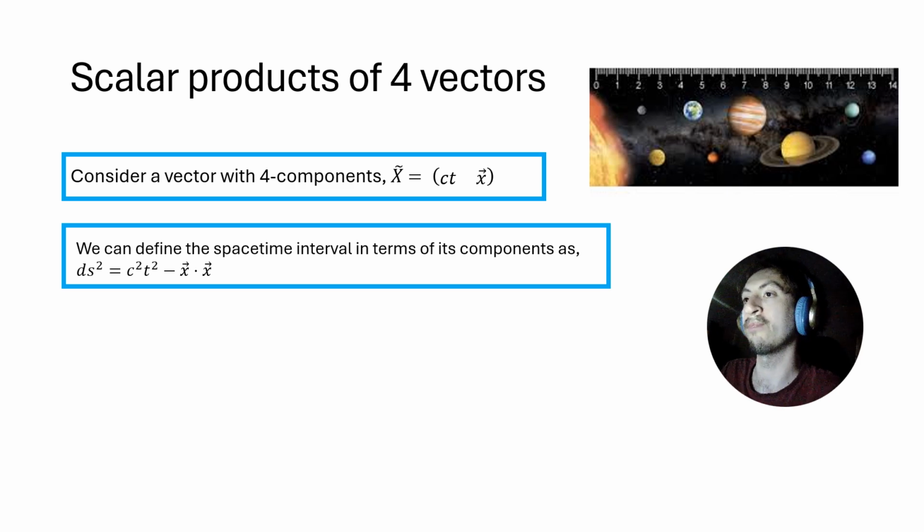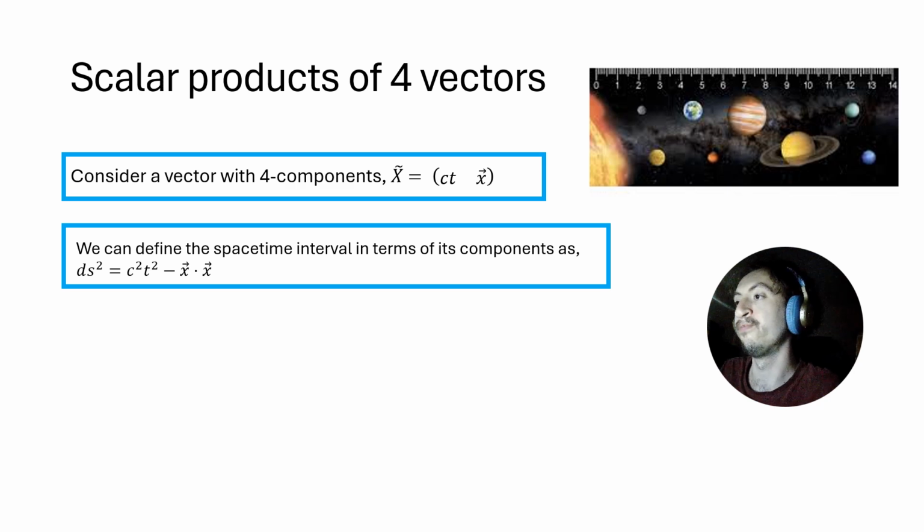We can describe the space-time interval associated with the length of this vector using this equation, where instead of writing x squared, I've written the scalar product of x with x, because based on how we define the scalar product, the length squared of a vector is just a vector scalar producted with itself.